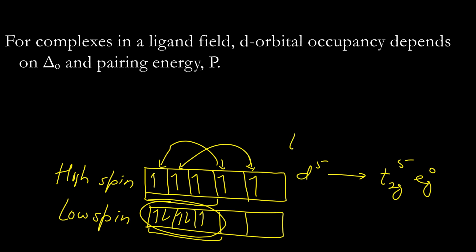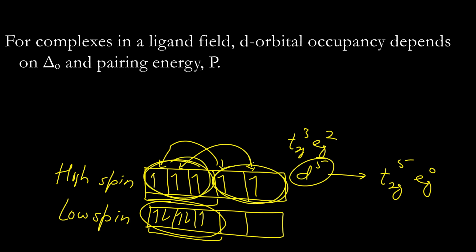Earlier the configuration was T2G3, EG2. D5 is actually T2G3, EG2, total 5. But now the configuration changed to T2G 5 and EG 0. So this question can also be asked, what will be the configuration? You will use this concept.